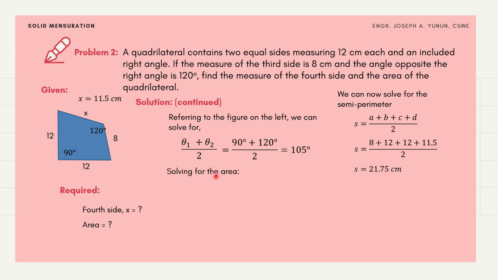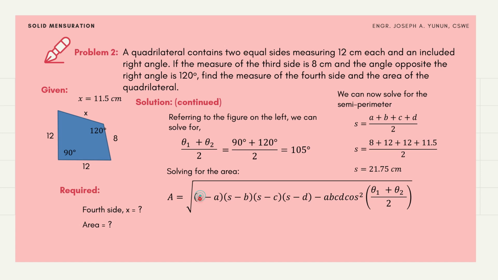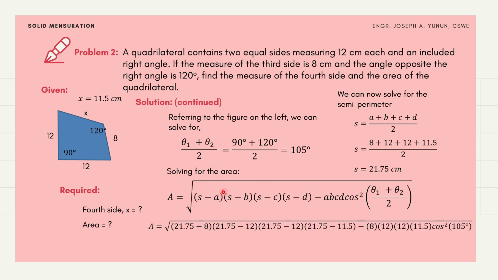And then using the formula, S minus A, S minus B, S minus C, S minus D, minus the product of A, B, C, D, cosine squared of this angle, we have the angle and the sides, and then substitute those values into this formula. Substituting it, you'll arrive at this equation and simplify.